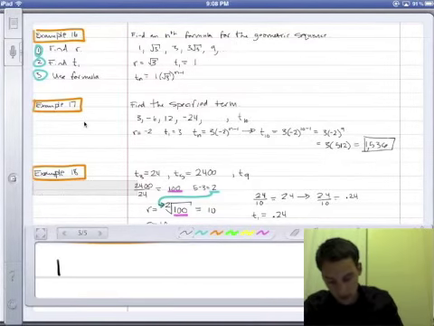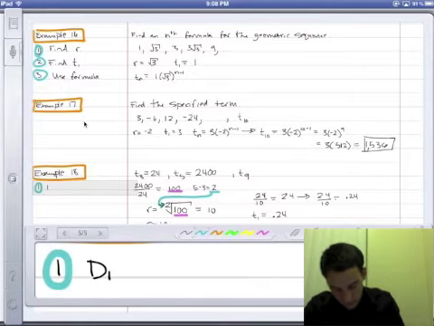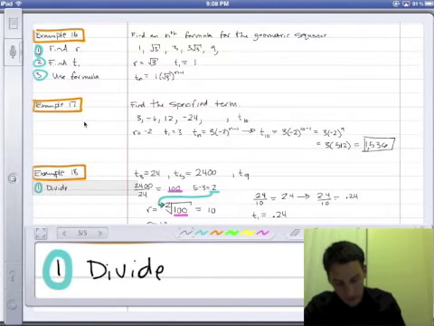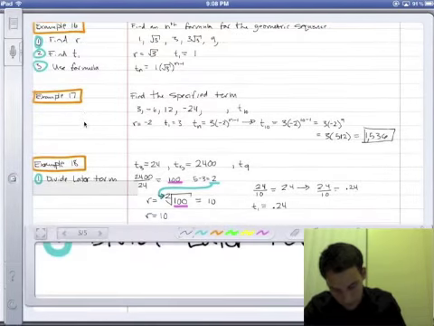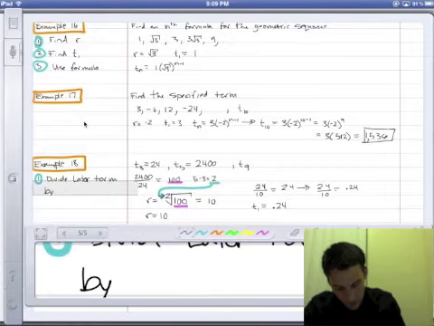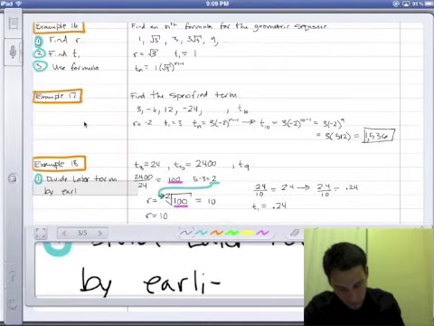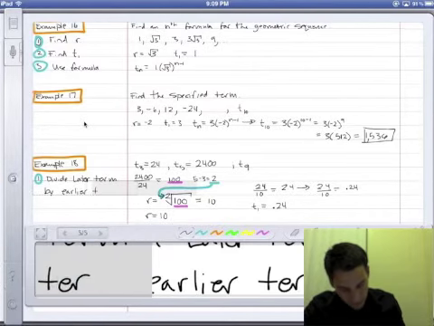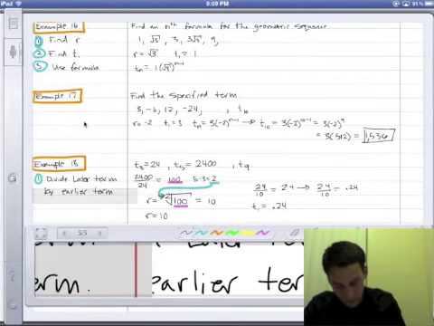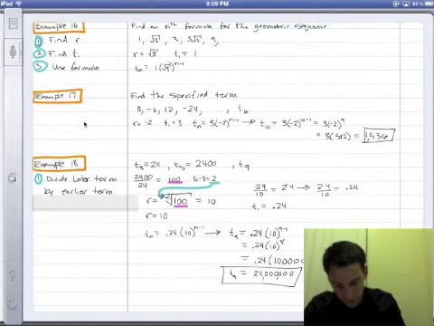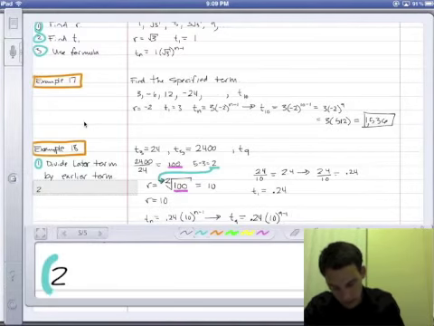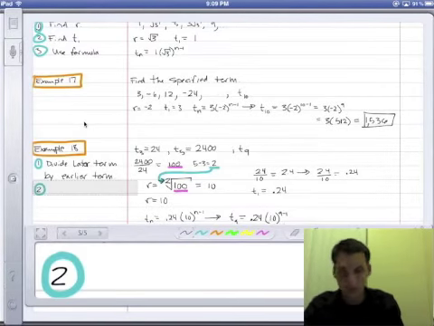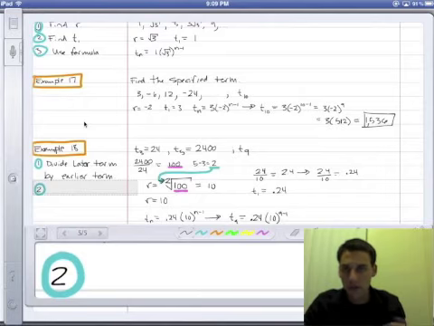So step 1, divide later term by earlier term. And then step 2 was to find the difference in the number of terms.